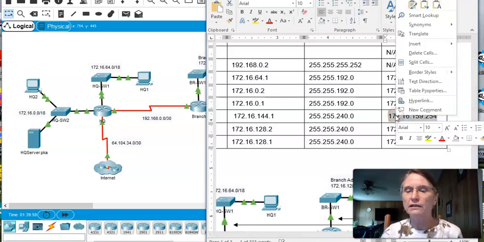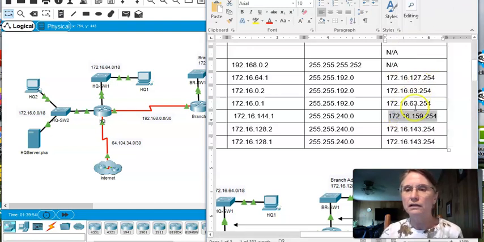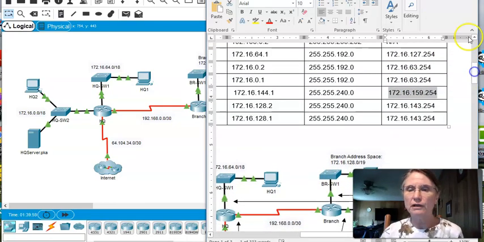So that is the default gateway for the device B1, the PC B1.